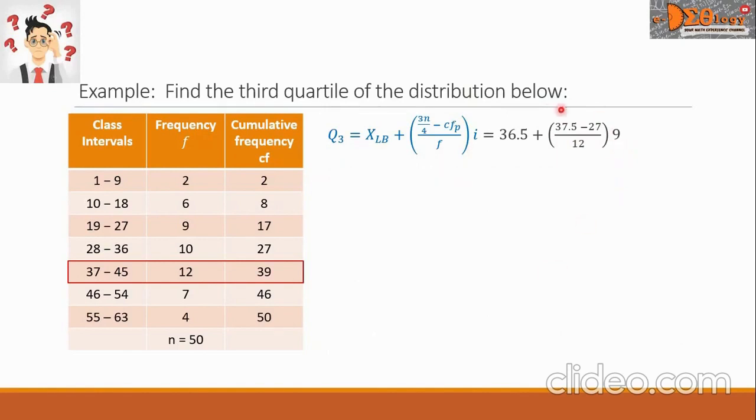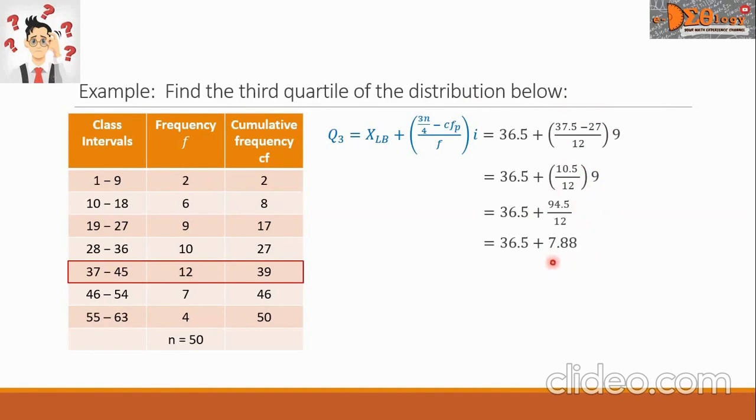Simplifying further, the 37.5 minus 27 is 10.5. And then let us multiply this 9 to the numerator. We will get 94.5. We simplify this fraction into 7.88.